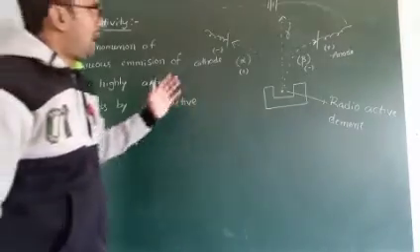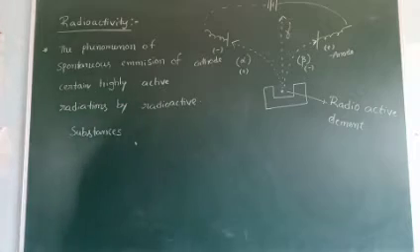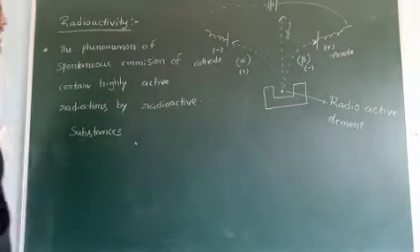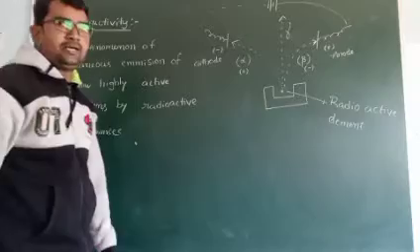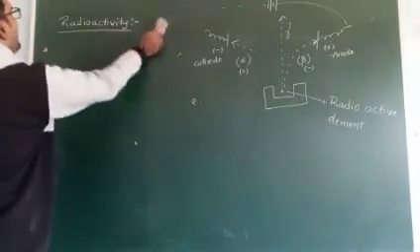So what are those? Alpha, beta and gamma. Now, what about the charge value and mass value of these alpha, beta and gamma particles?